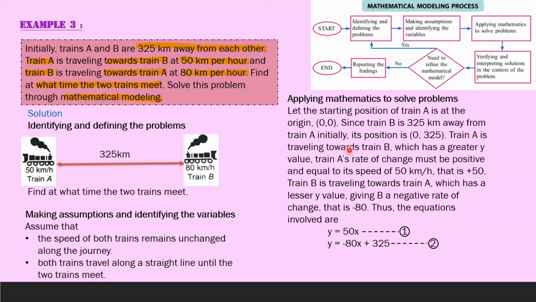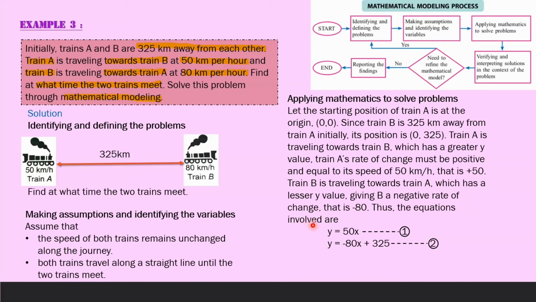Train A is traveling toward train B, which has a greater y value. Train A's rate of change must be positive and equal to its speed of 50 km per hour, that is positive 50. Train B is traveling toward train A, which has a lesser y value, giving B a negative rate of change, that is negative 80.